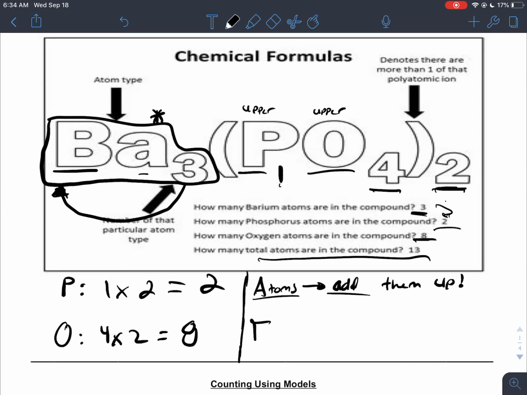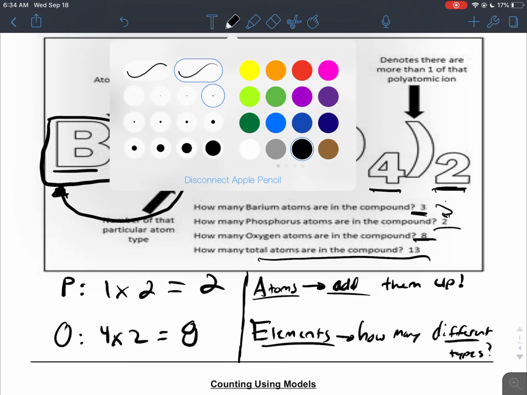If it asks for how many elements, it's asking how many different types. If we're looking at how many elements there are in this compound, there's 3. The first, and I'm going to switch colors, I want you to do this.